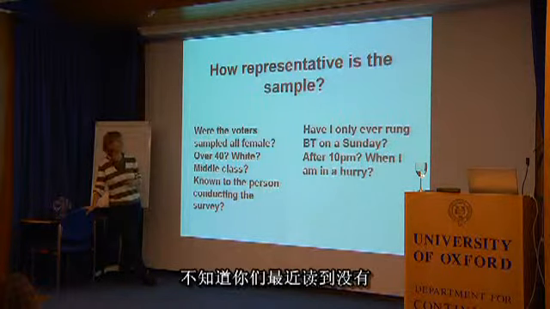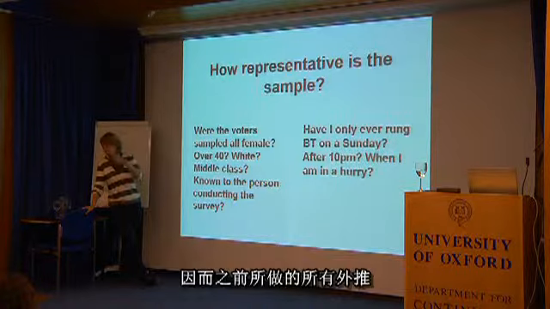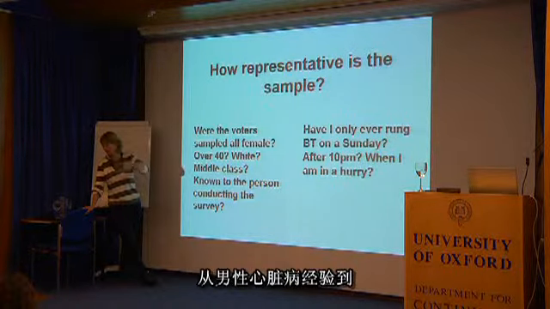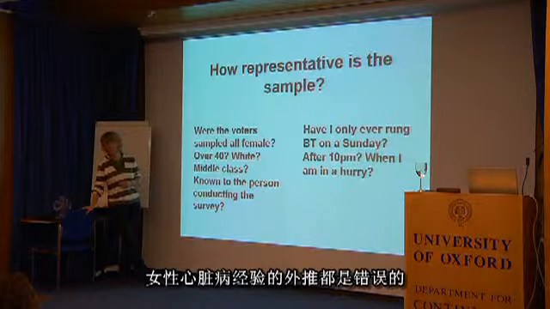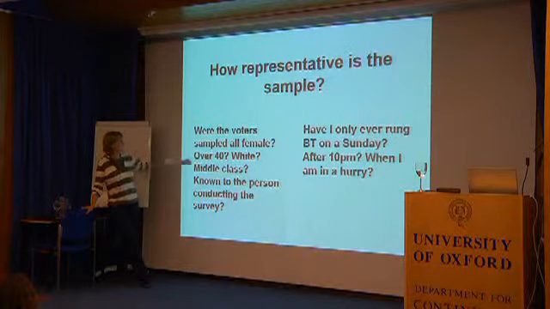I don't know if you've seen recently, they've decided that for women the symptoms of a heart attack are quite different from the heart attack symptoms of a man, and therefore all the extrapolation that they've done in the past from male experience of heart attacks to female experience of heart attacks has been faulty. There was quite a big thing about that a couple of weeks ago.